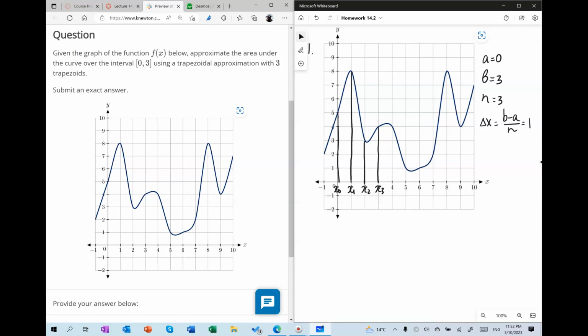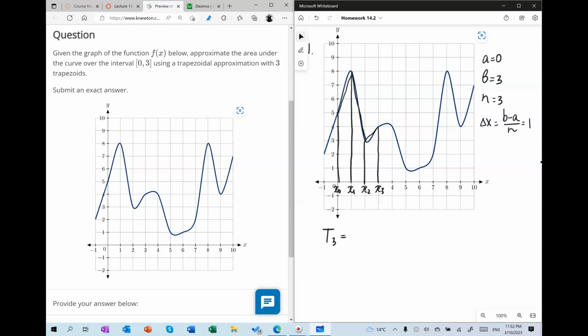And now to find T3, we are going to find the areas of this trapezoid. But what we learned in the lecture is that it's not necessary for us to really think of it as areas of trapezoids.